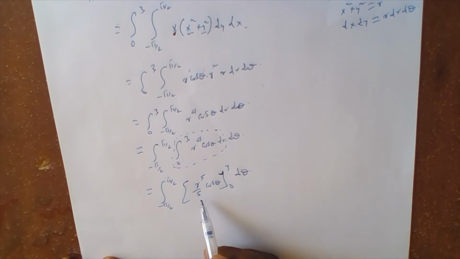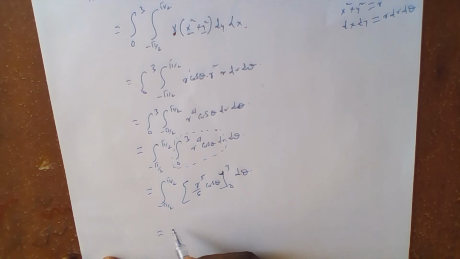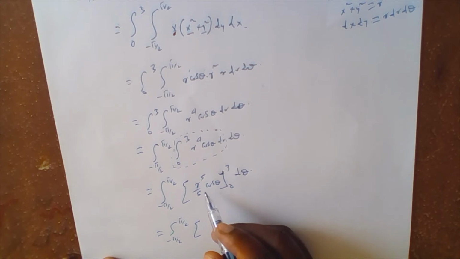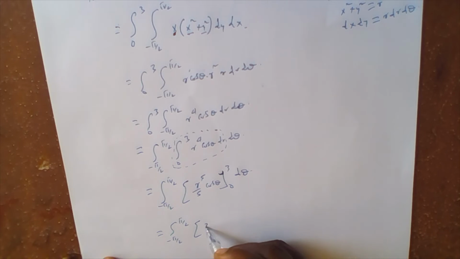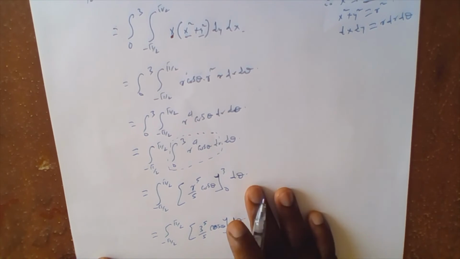Where there is r, we put 3. This equals the integral from minus pi over 2 to pi over 2 of 3 raised to 5 over 5 cos theta. When we put 0, it will be 0, so we remain with that, then d theta.